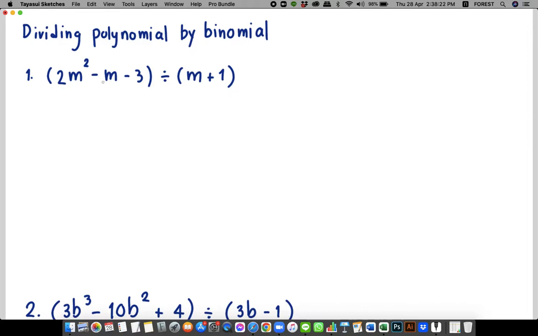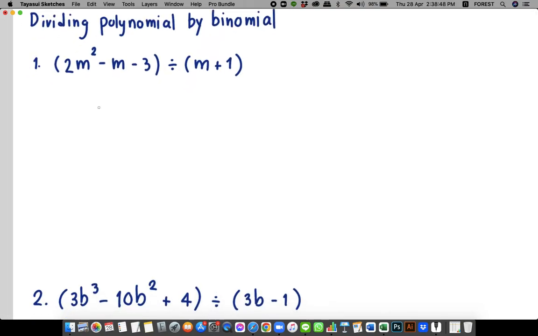This topic is about dividing a polynomial by a binomial. Okay, for the first step, I want you to think about whether this equation is in descending order, from the highest degree to the lowest. From the number 1, it's already ordered in descending order.